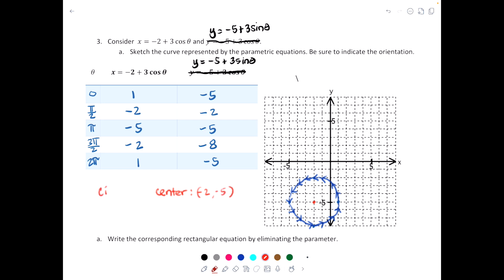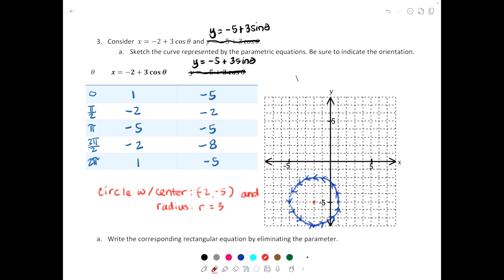So this is a circle with center -2, -5, and radius is what? Beautiful. r equal to 3.